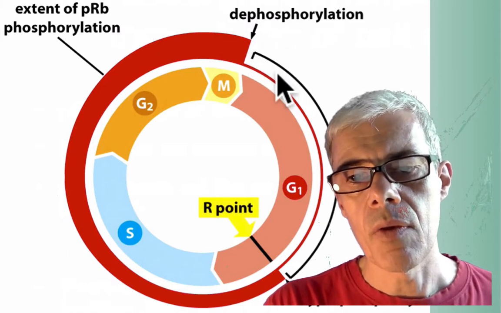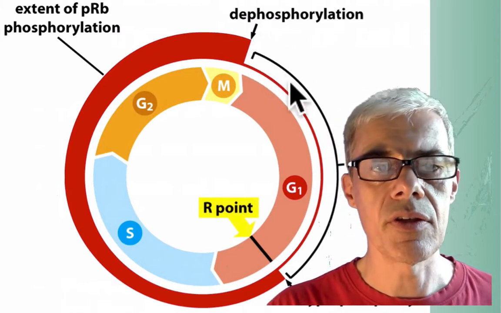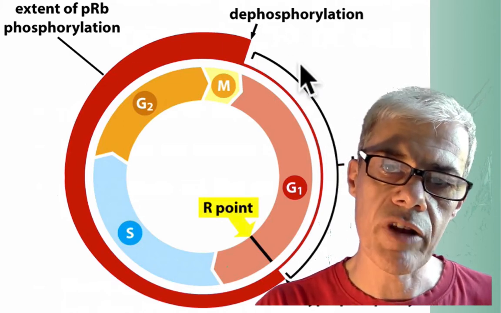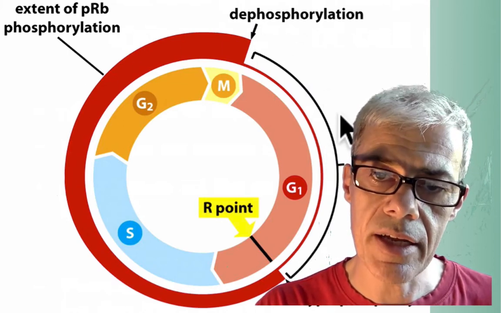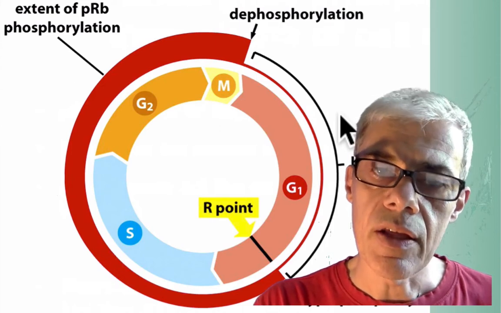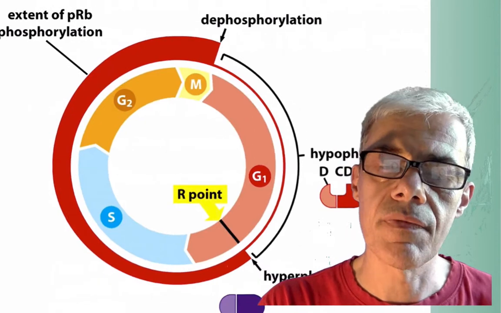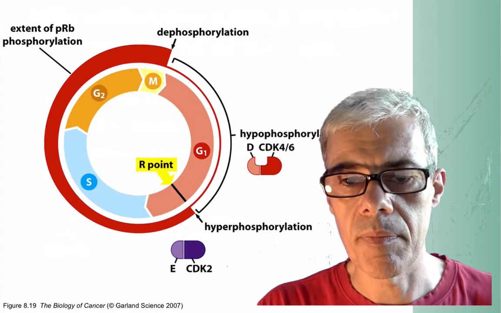So you can see here the phosphorylation status of retinoblastoma is cell cycle regulated, and clearly the extent of phosphorylation affects the function of the protein.